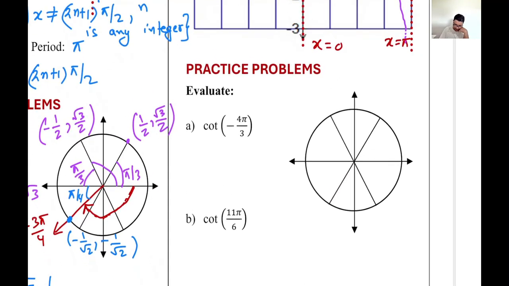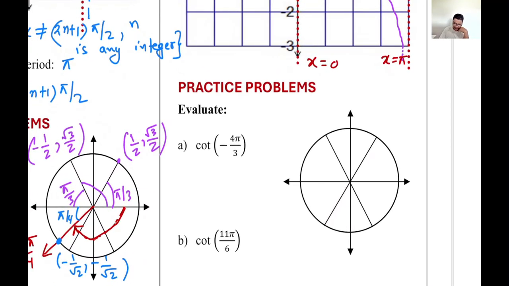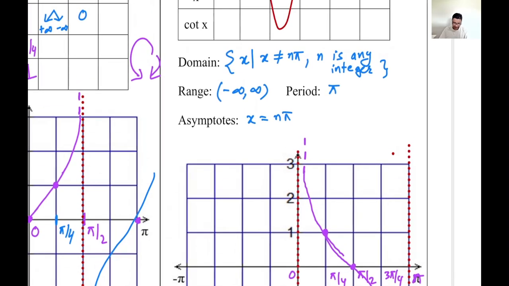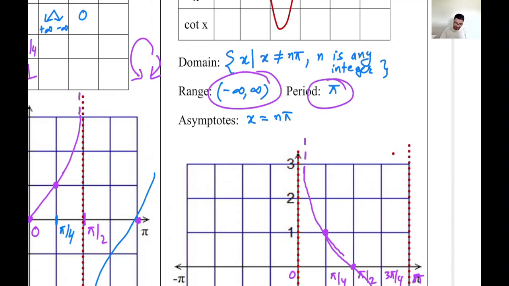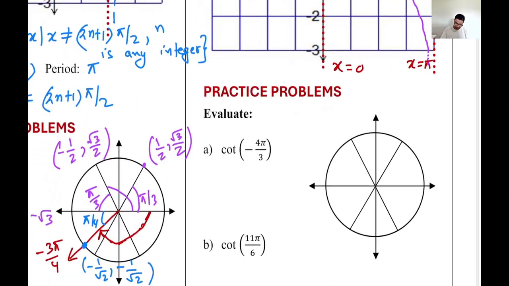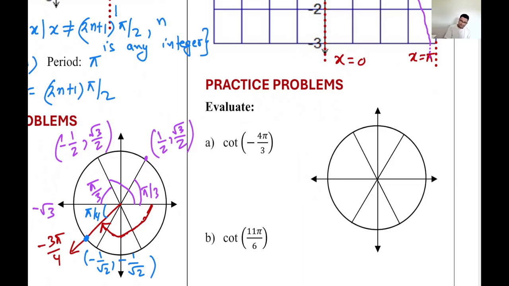This answers all the things that I said earlier. The range is negative infinity to infinity. The period is pi. You have asymptotes at multiples of pi, and so on. Let us evaluate the value of cot at some other angles.